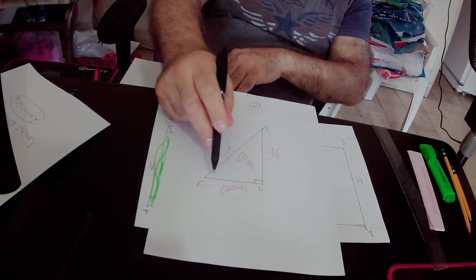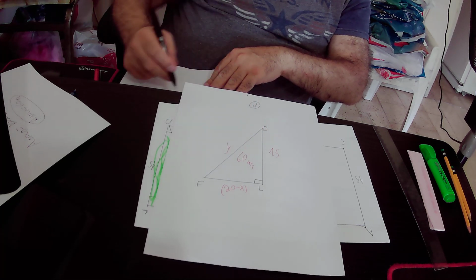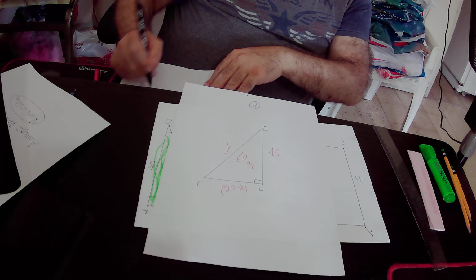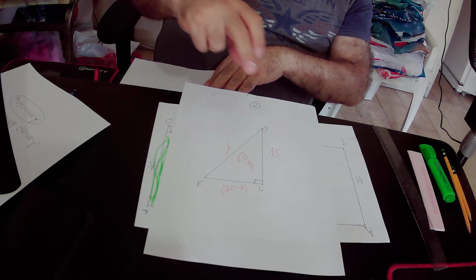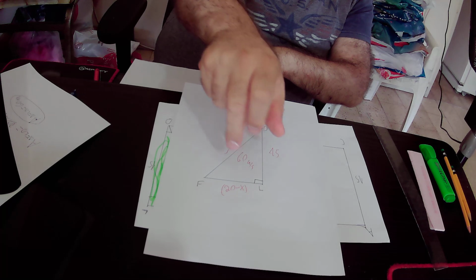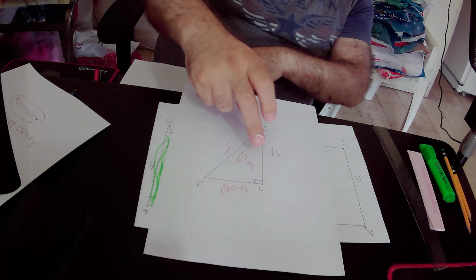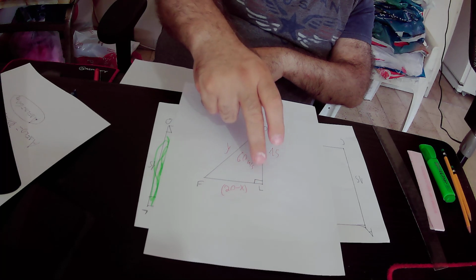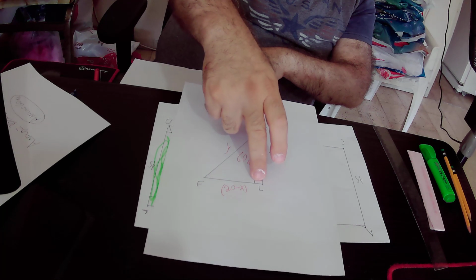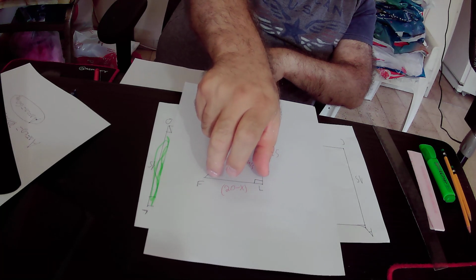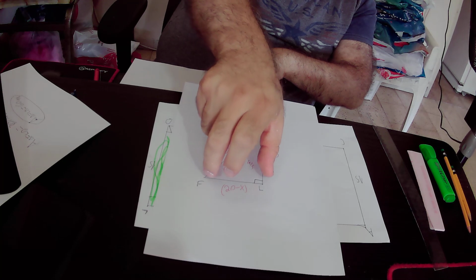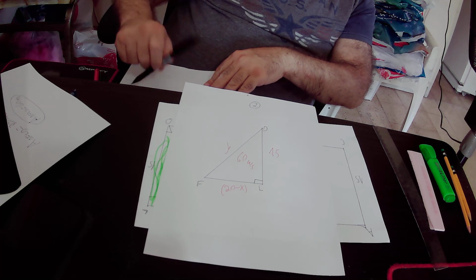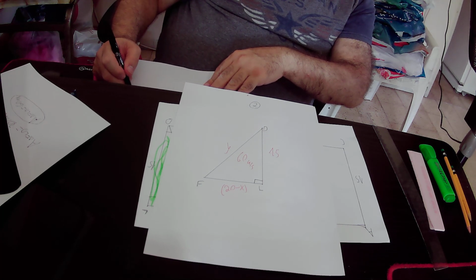So the area of the right triangle FLD will be equal to the base of the triangle. The base of this triangle is 20 minus x, times the height to the base. The height to the base must create 90 degrees with the base, so the height is LD, which equals 15 units, over 2.